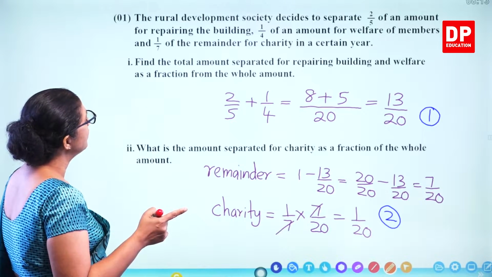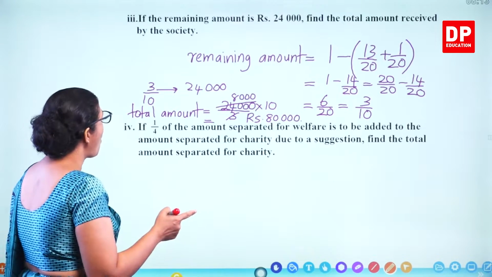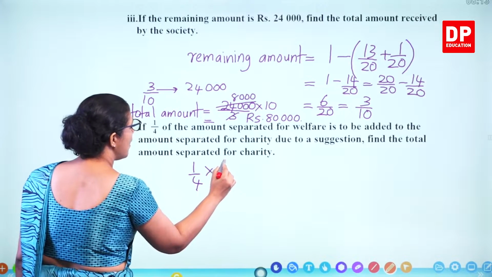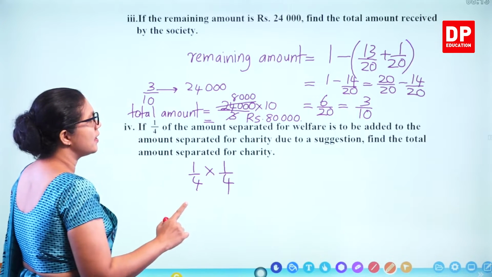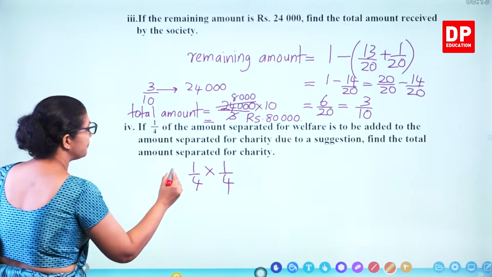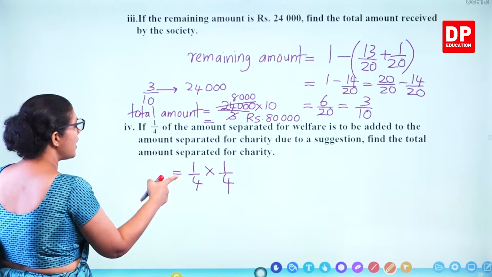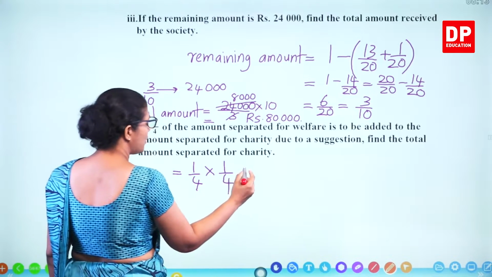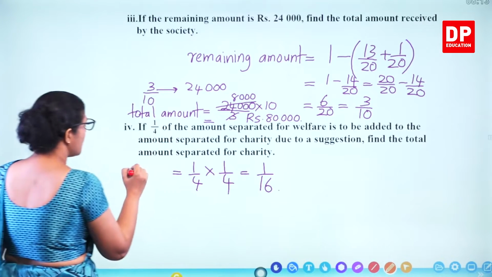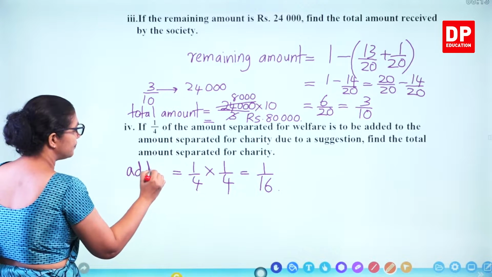So 1/4 of the welfare is to be added to the amount separated for charity. So here, what is 1/4 into 1/4? 1 over 16. So that's the added part.